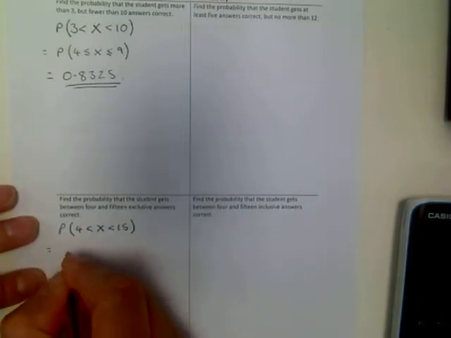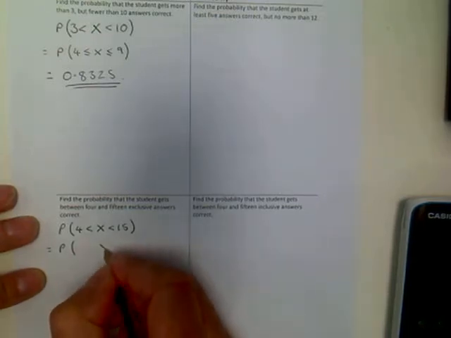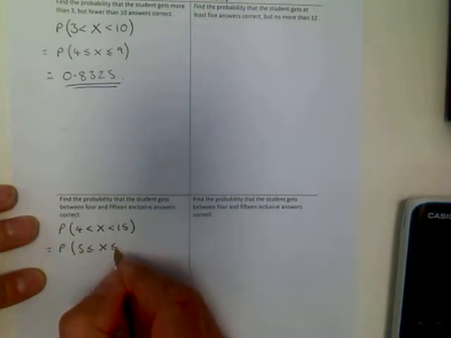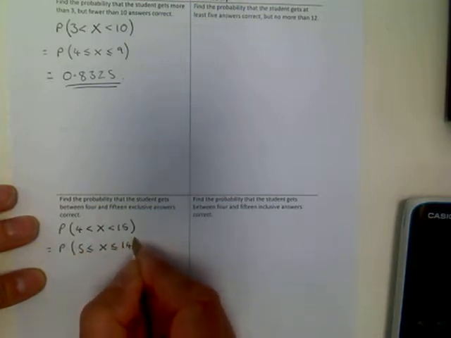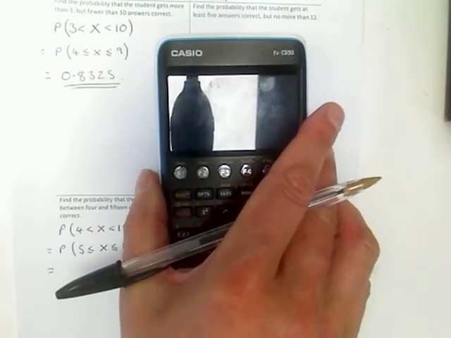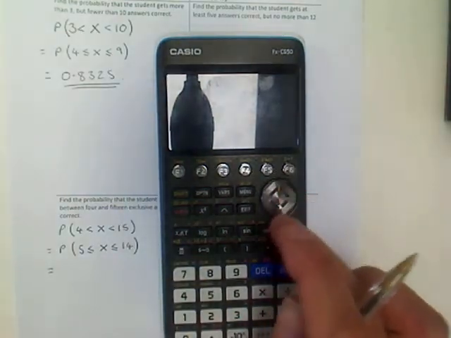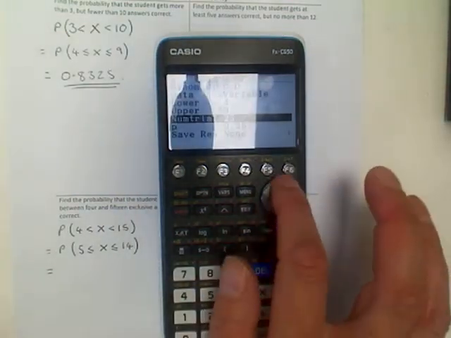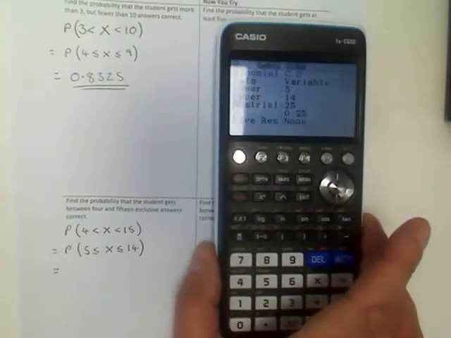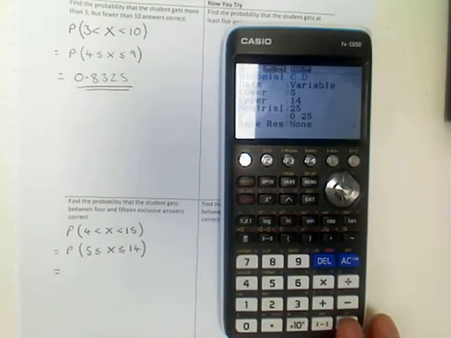So what that really means is from 5 up to 14. Remembering binomial is a discrete distribution, so you can't have decimal values. Now it's easy. Between 5 and 14.